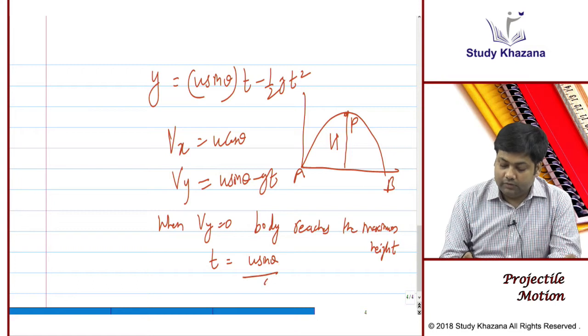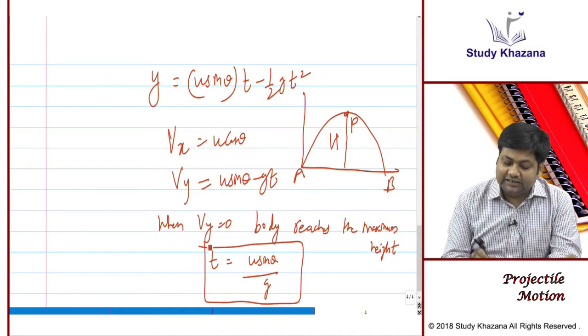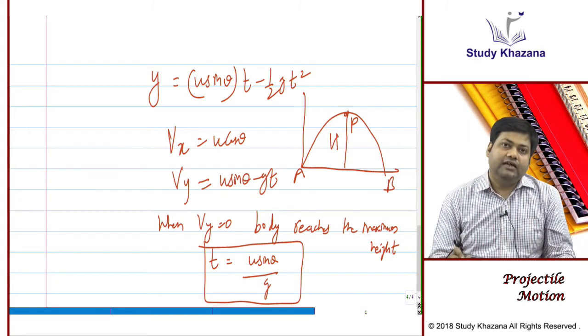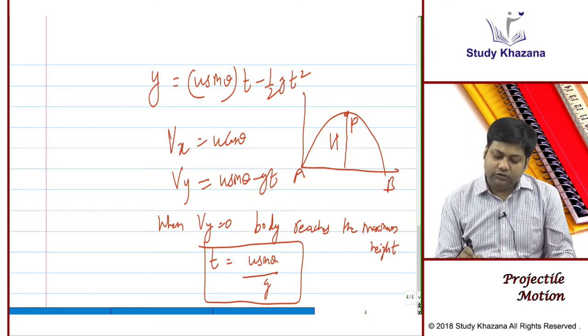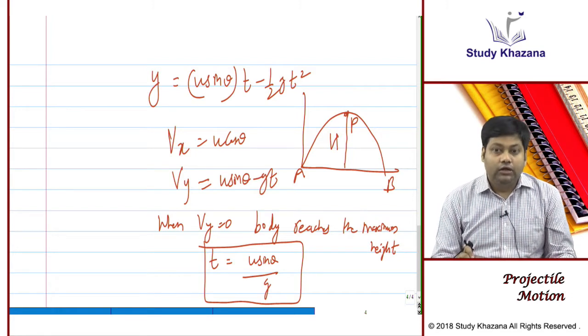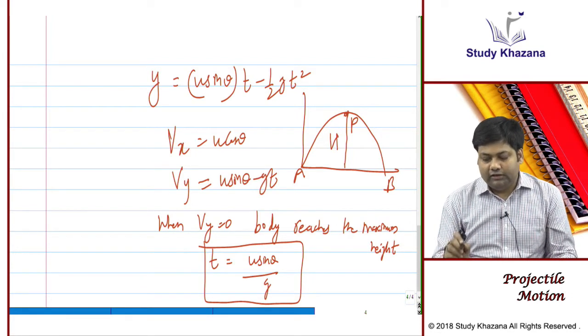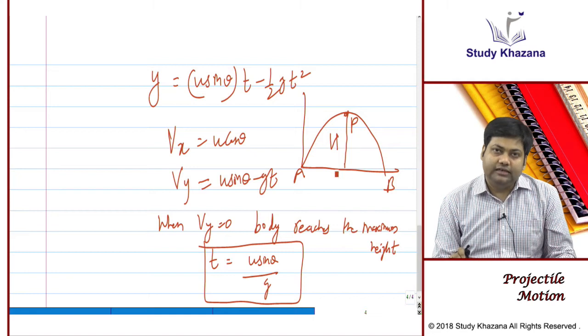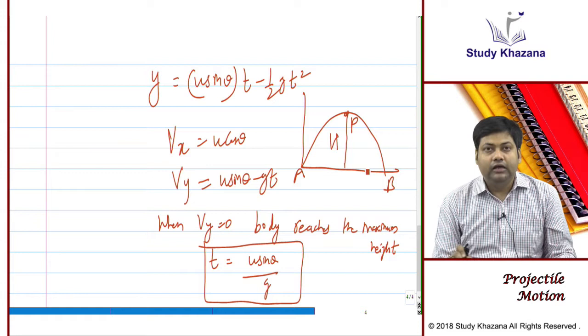Now for the maximum height, we can get the value of time, and that time is u sin theta by g. There is another important aspect to it: the time of flight that we obtained earlier was double of this value. So the physics is quite clear that the body takes half the time in reaching the maximum height, and symmetry also makes it clear that if a body takes 2 seconds of full time traveling from A to B, then in 1 second it will reach the maximum height.